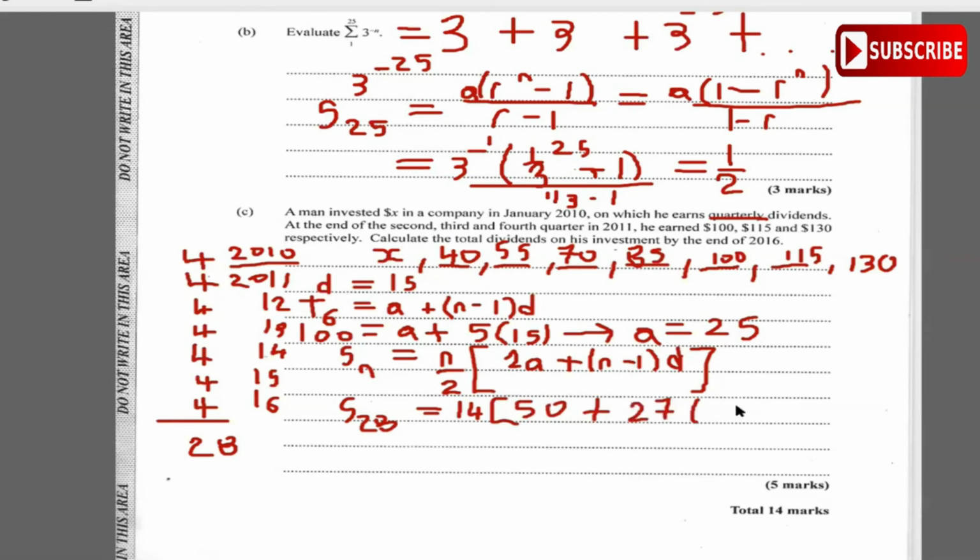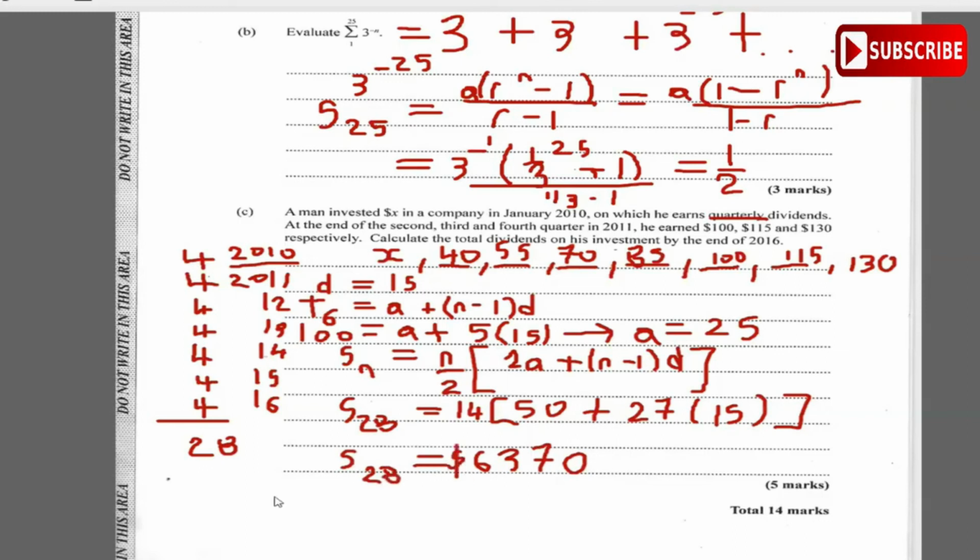All of this works out to be 50 plus 27 times 15, multiplied by 14, that's 6,370. That's S28. So that's the total sum on the investment by 2016.